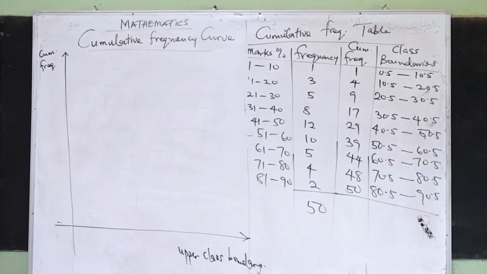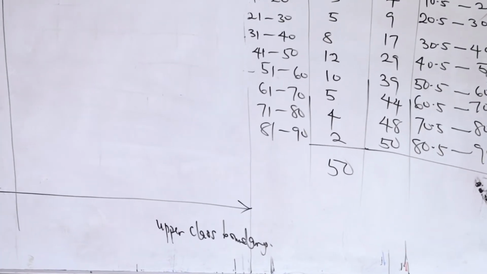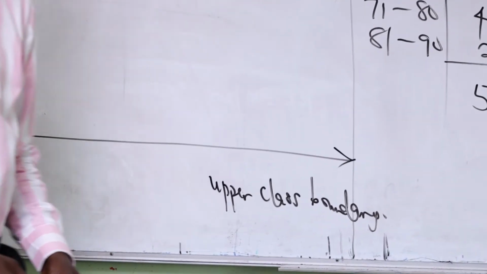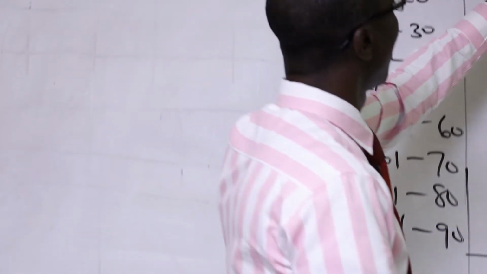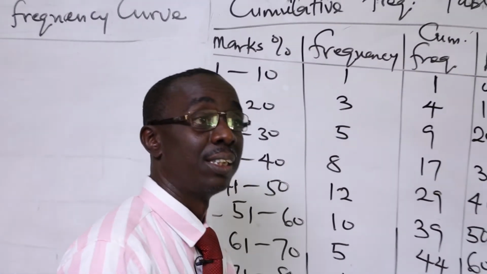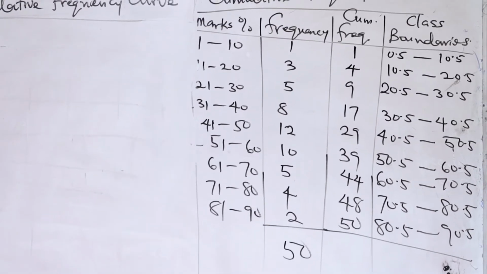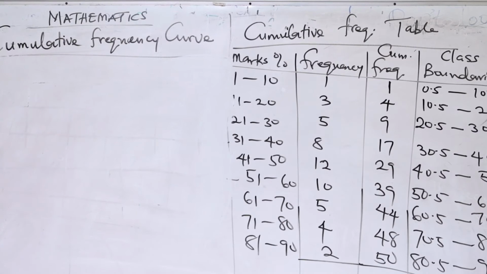It is also the type of graph where you have to choose scale by yourself. That is why you must understand scale very, very well. Let's look at cumulative frequency. The lowest is 1, the highest is 50.